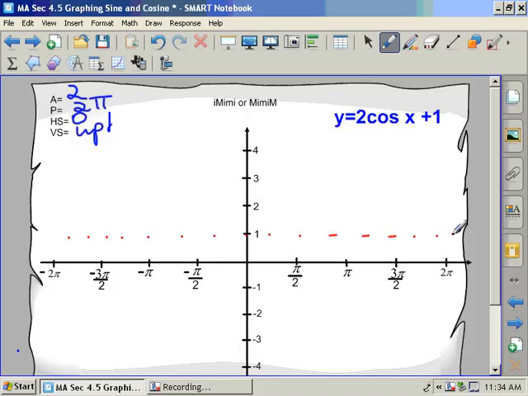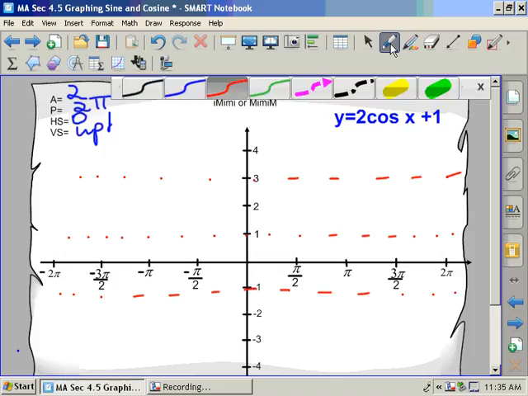So there's the midline. From the midline, I'm going amplitude 2, which means from the midline I'm going up 2. So from 1 to up 2 means I'm up to 3. And then we're going down 2, so down 2 from 1 is at -1. So you see how this time the whole picture has shifted up 1 unit.